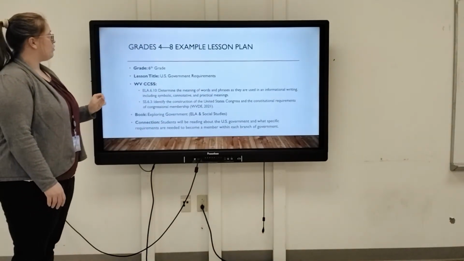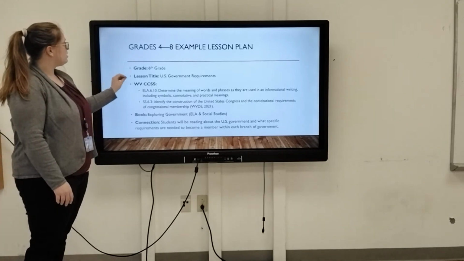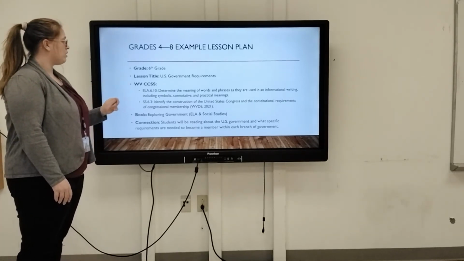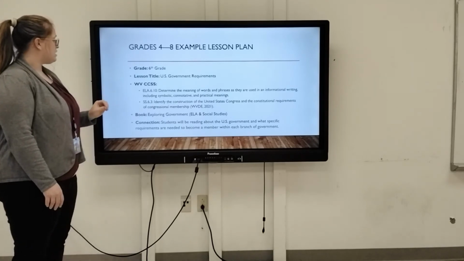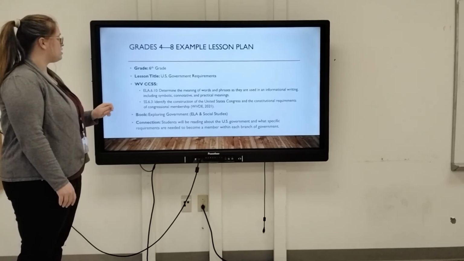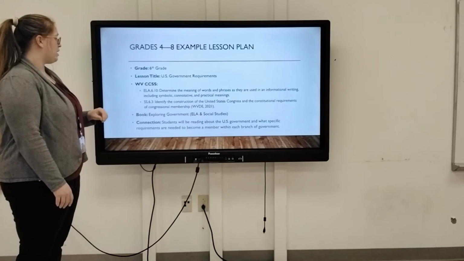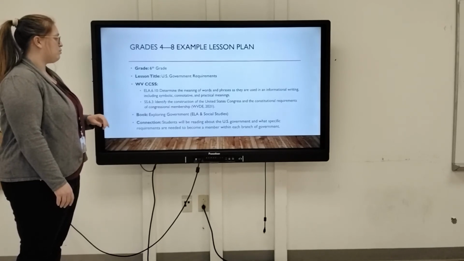The example for 4 through 8 cross-curricular lesson plan is as follows. Grade 6, the lesson title is U.S. Government Requirements. The West Virginia content standards are ELA.6.10 and SS.3.6.3. For this, students will determine the meaning of words or phrases as they are used in informational writing, including symbolic, connotative, and practical meanings.